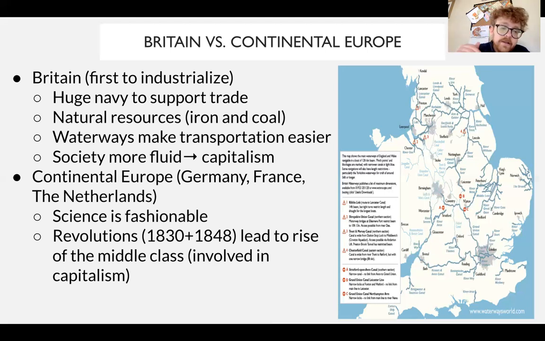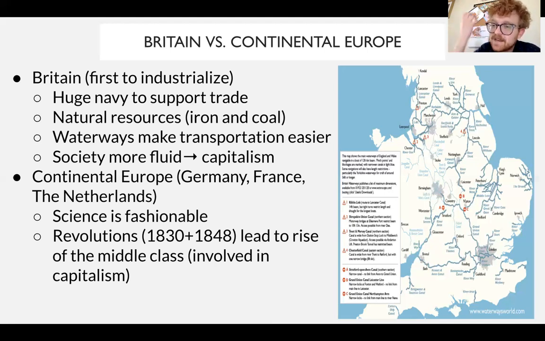Never mind. But we also see the political and economic and social rise of this middle class through things like the various revolutions we've talked about, Revolution of 1830, Revolution of 1848. And this middle class is growing in its political importance.